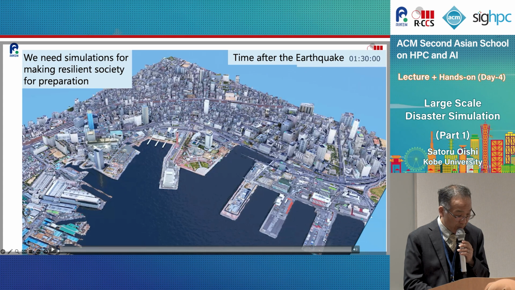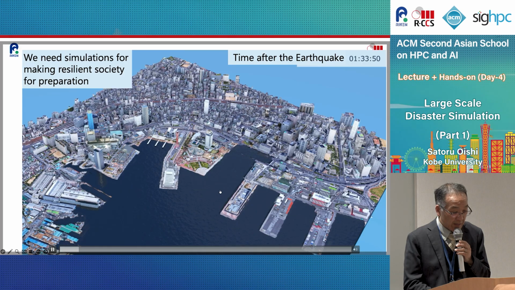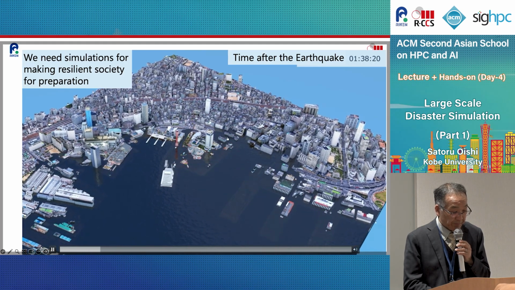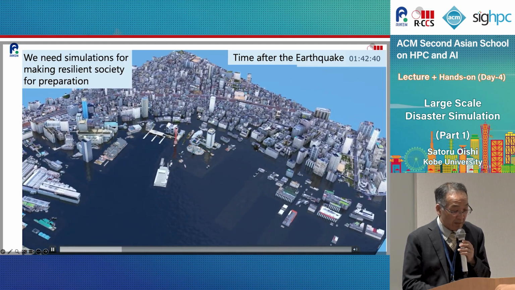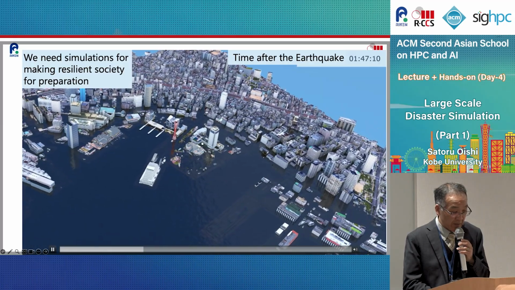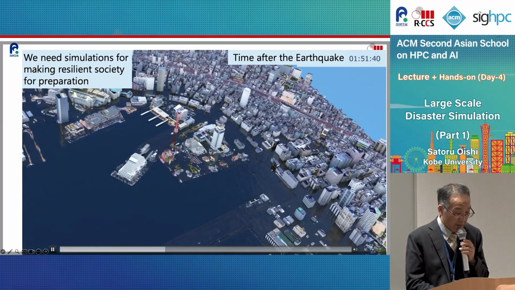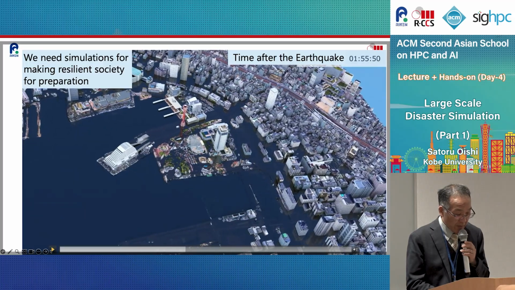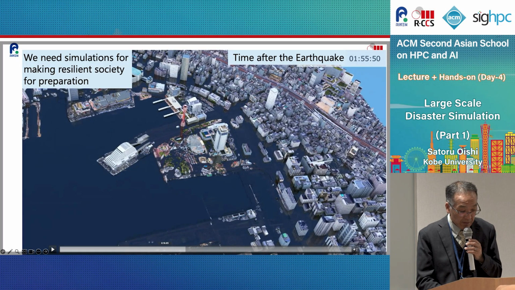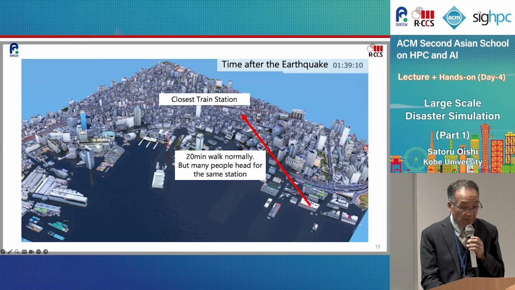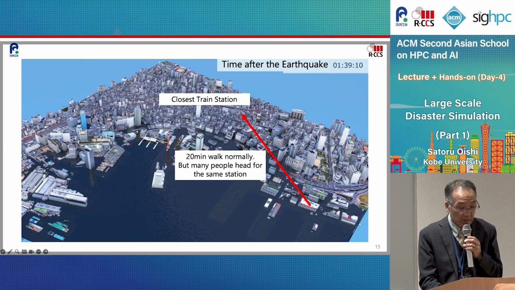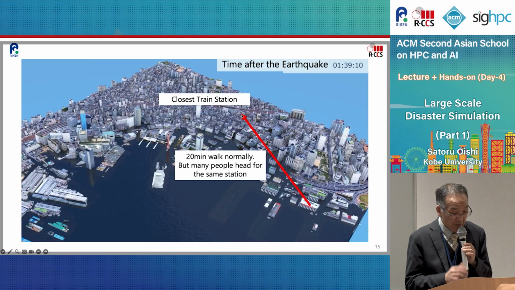I skipped the important point. Here is the time after the earthquake. So 19 minutes. The tsunami comes to Kobe city, so not before that. Therefore, you have 90 minutes for evacuating from your office to the closest train station.